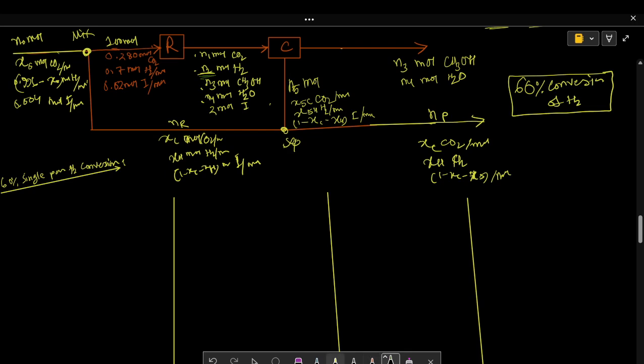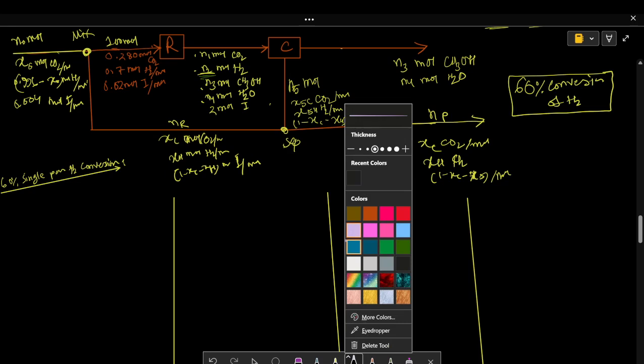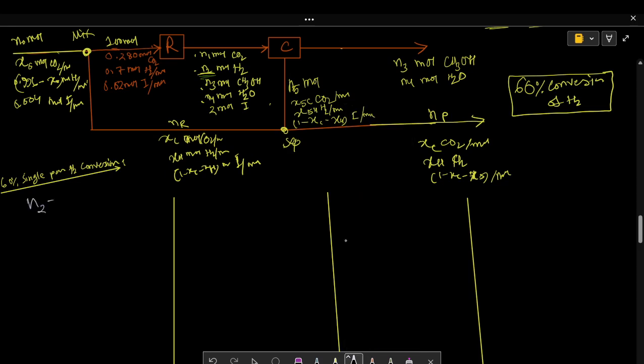So our N2 will be: input hydrogen is 70 mole, that is 100 into 0.7, which will be 70 mole. The unreacted is 40%, that means 0.4, so this will be 28 mole hydrogen.